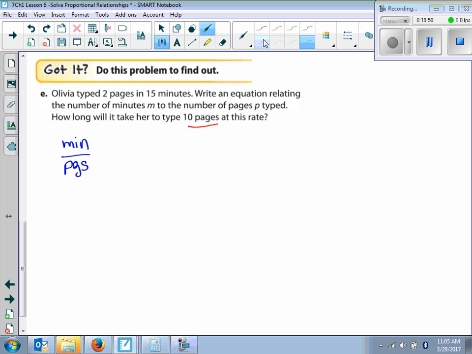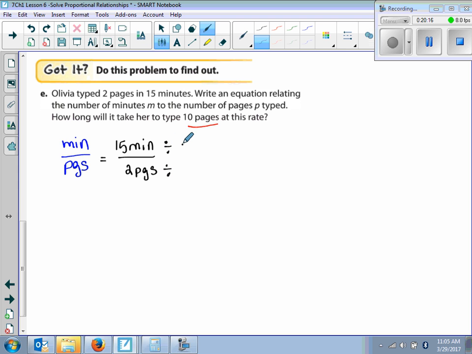So for the first ratio, how many minutes is it? 15 minutes for 2 pages. Good. Now, we want to write that as a unit rate. So, how am I going to change that to a unit rate? Divide by 2. Very good.